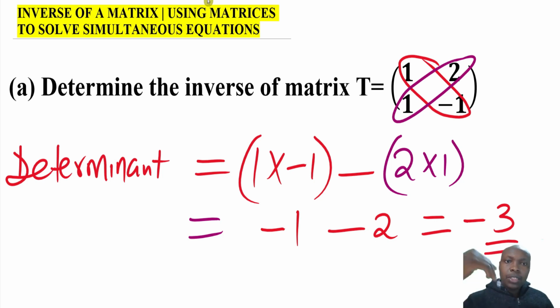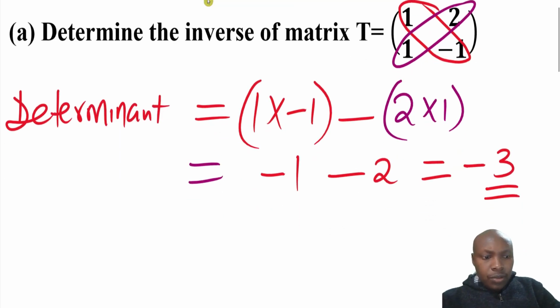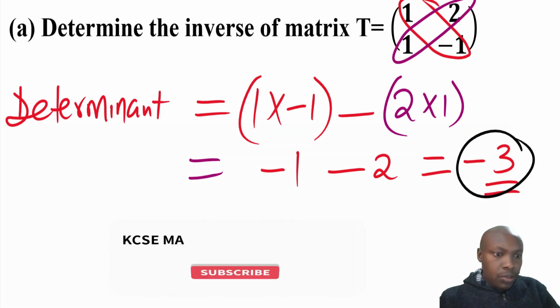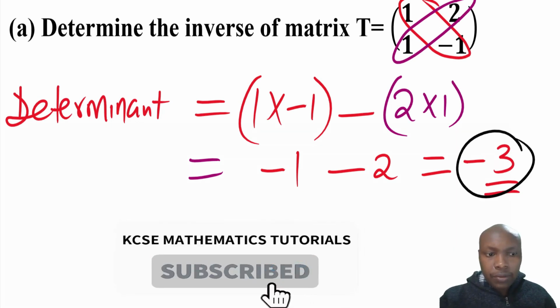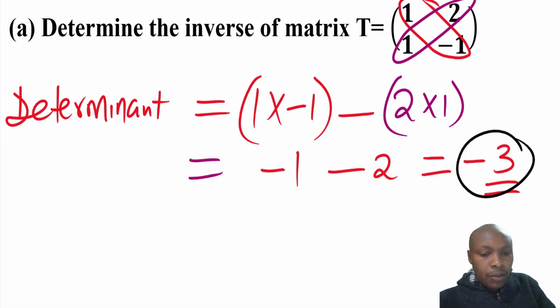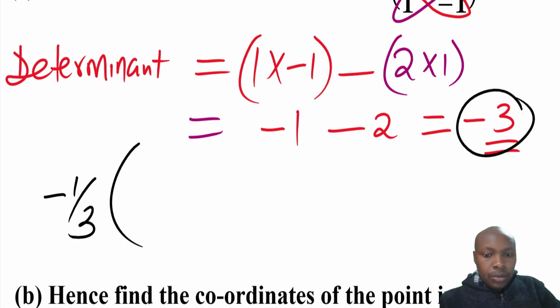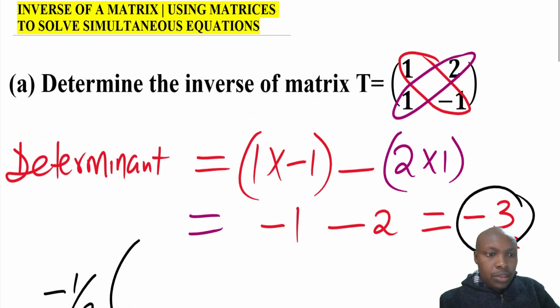Now let's proceed and get the inverse. After obtaining the determinant, which is -3, we write the inverse of -3, which will be -1 over 3. Then this is how we interchange these values.